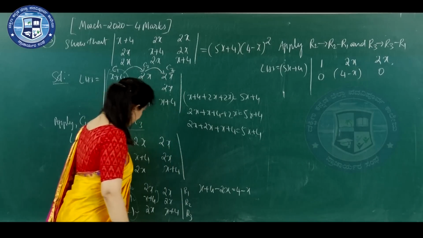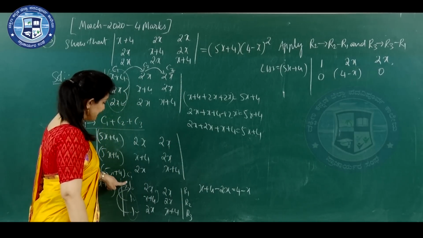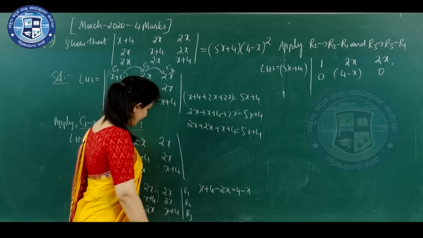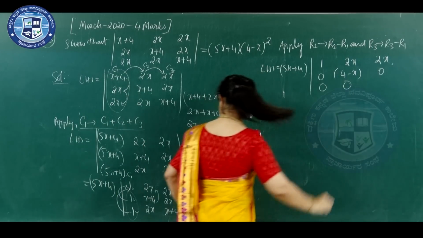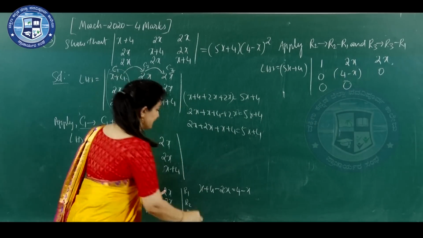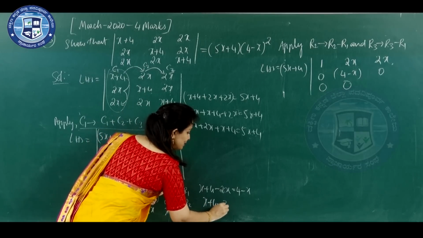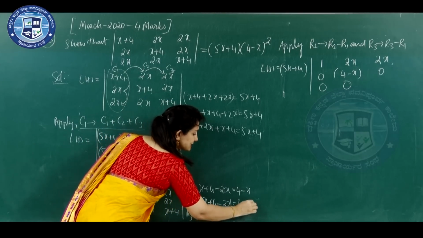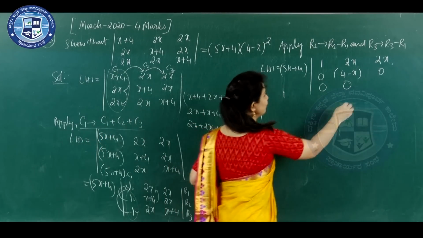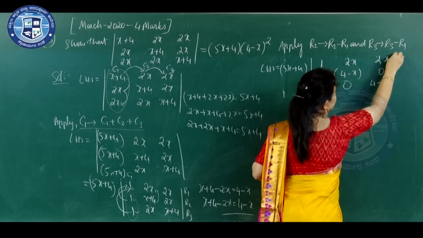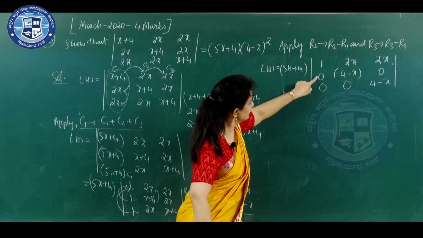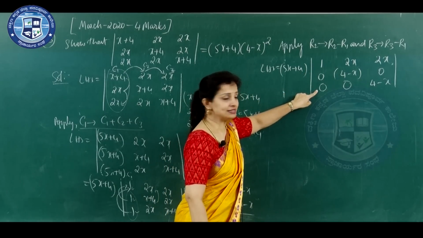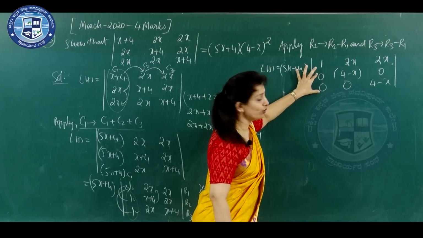Now, R3 minus R1, 1 minus 1, 0, 2x minus 2x, again 0. Then, x plus 4 minus 2x, how much? 4 minus x. So, next element is 4 minus x. Can you see here, first column elements are such that there are 2 zeros.